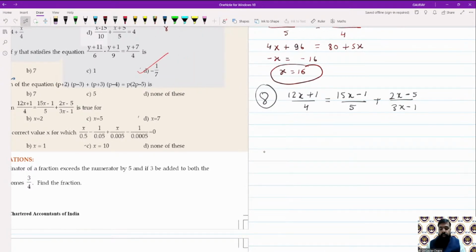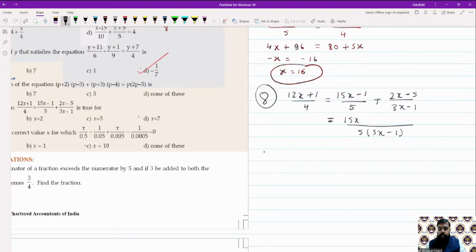So how to simplify? First of all, we have to take the LCM. If we take the LCM on, let's say, the left hand side, we are getting 5 into 3x minus 1.